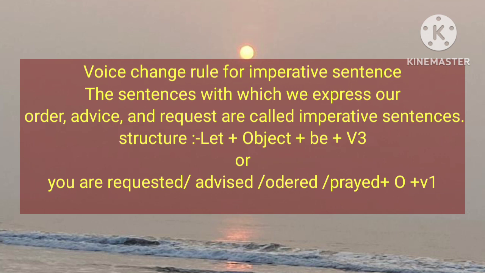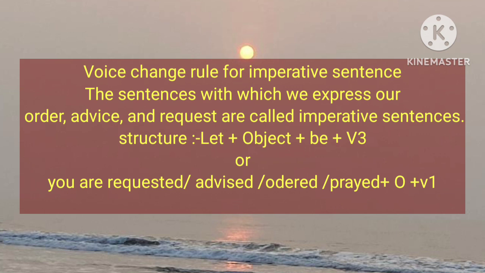The next rule is for imperative sentences. An imperative sentence in passive voice has the following structure. What is the structure here? Let plus object plus be plus verb third form. Or you are requested, or ordered, or advised, plus to plus verb first form.